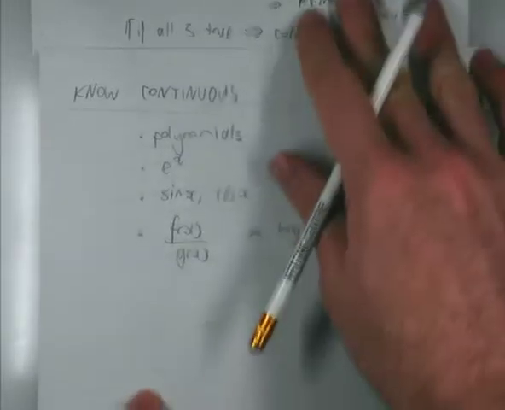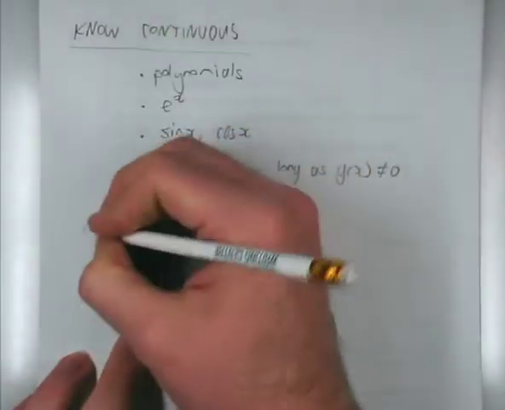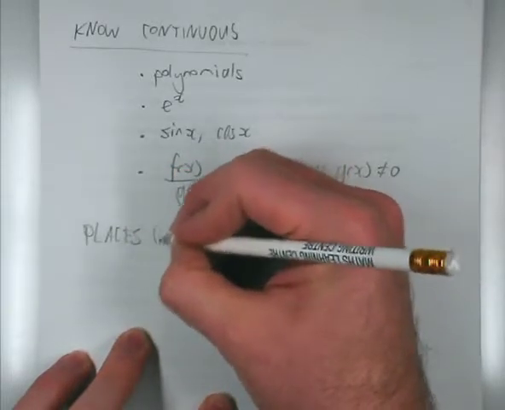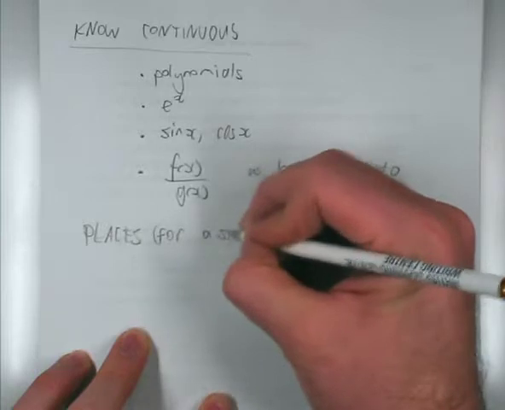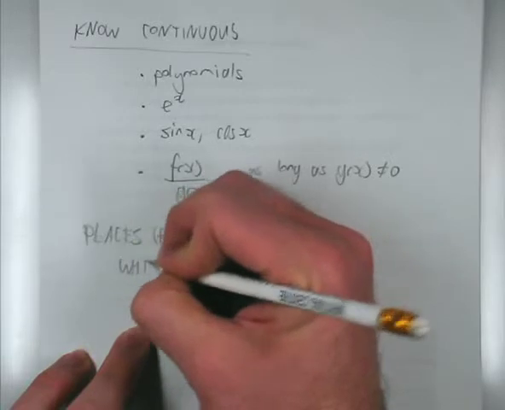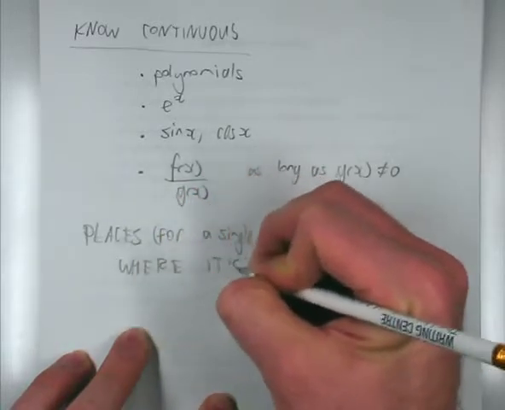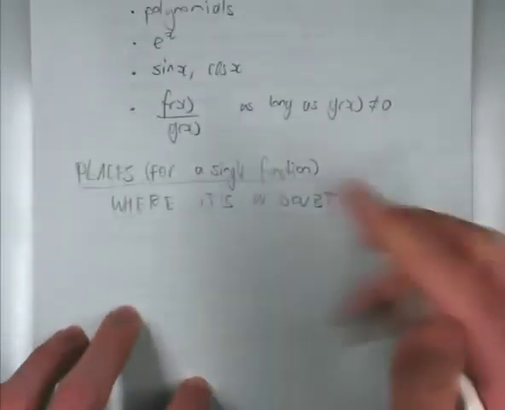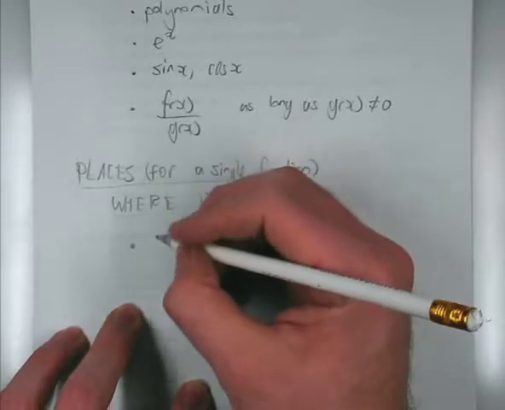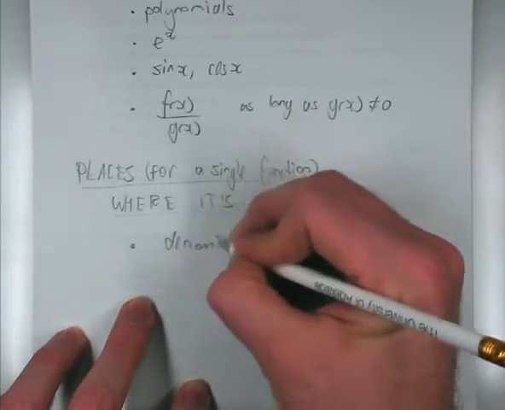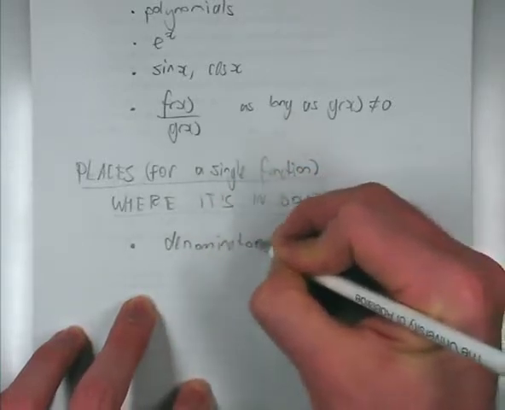So for a single function, places where it's in doubt will be places where the denominator is equal to 0.